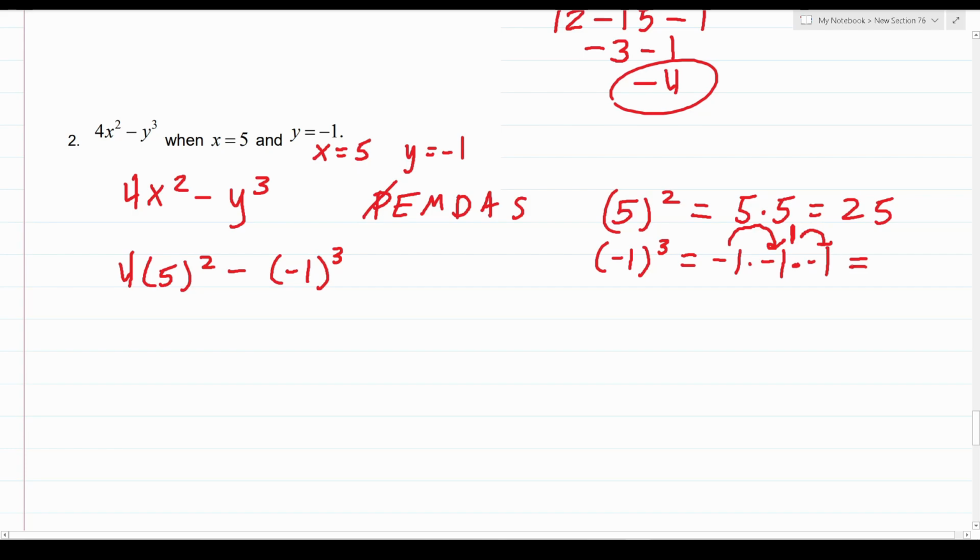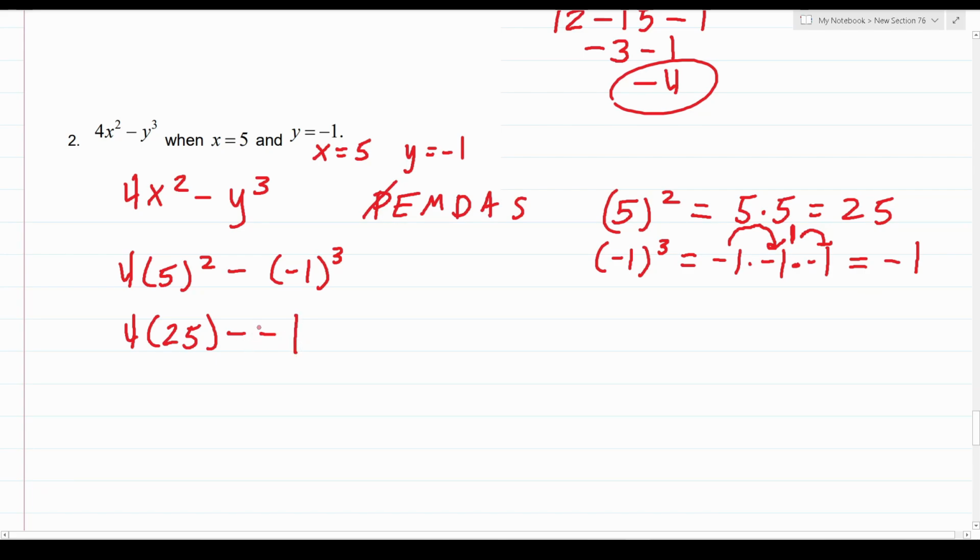Positive 1 times negative 1, positive times a negative is a negative, so positive 1 times negative 1 is negative 1. So let's go ahead and fill those in. 5 squared was 25, so this is 4 times 25 minus negative 1 to the third was negative 1, so minus negative 1.